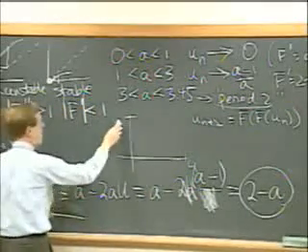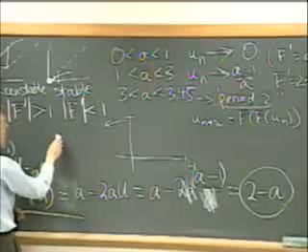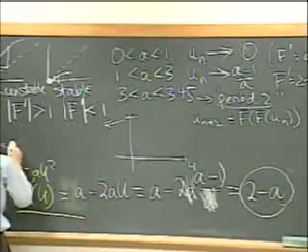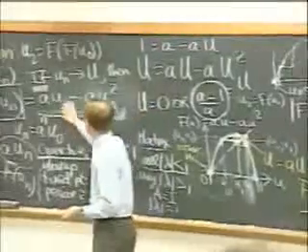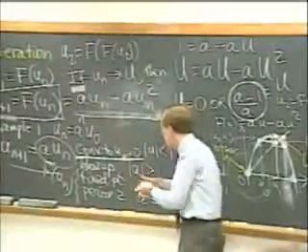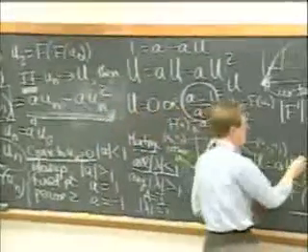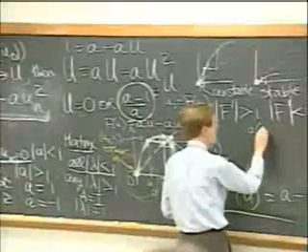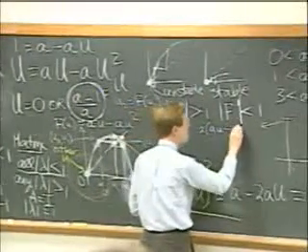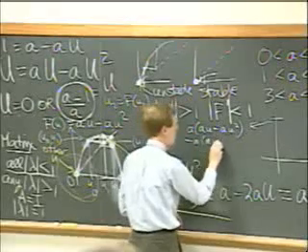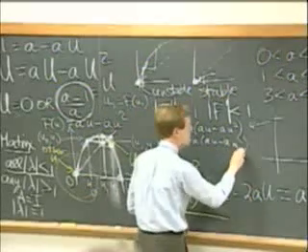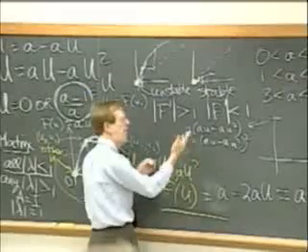What do I mean by f of f of u? There's f of u, and then I should plug in f of u, so it would be a times au minus au squared minus a times au minus au squared, squared. That's f of f of u.